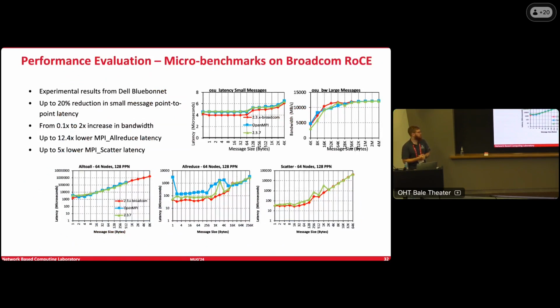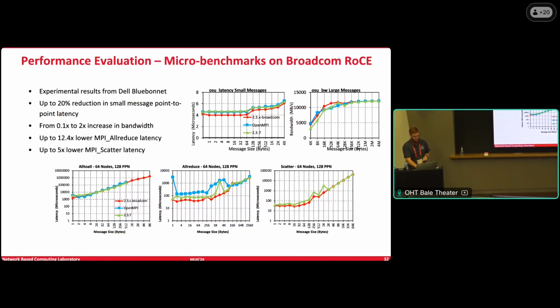Another thing we have support for is Broadcom RoCE HCAs. So this is an alternative to InfiniBand, doing RDMA over Converged Ethernet. And these are just some performance numbers from recent tuning we've done on Broadcom's adapters.